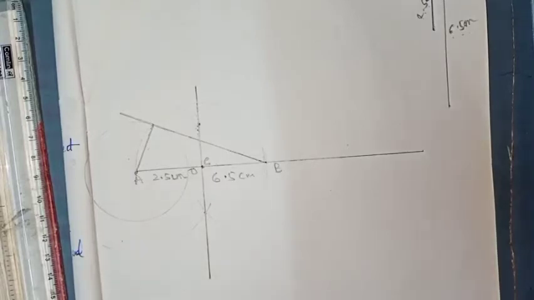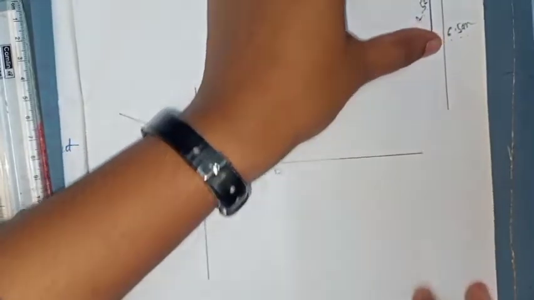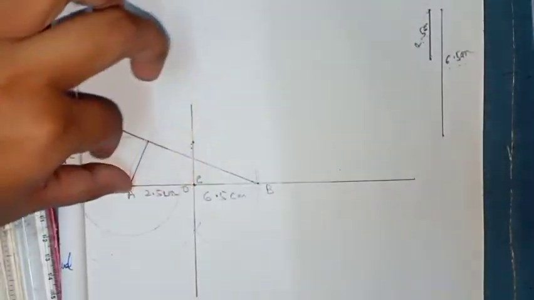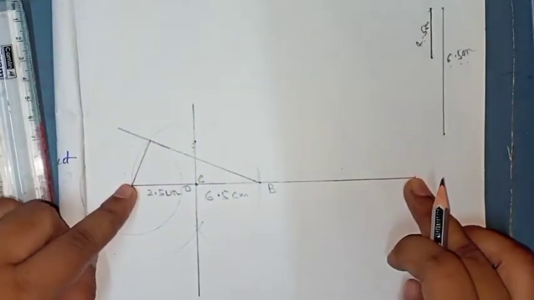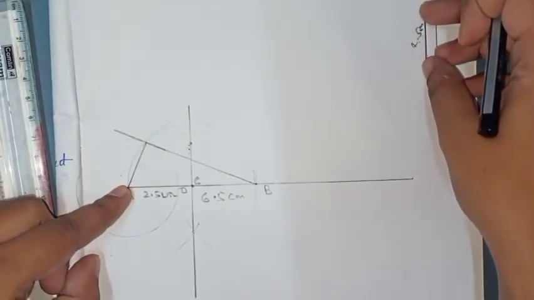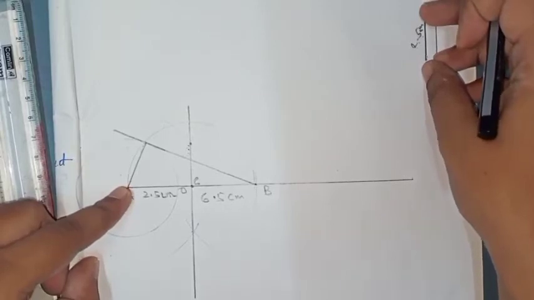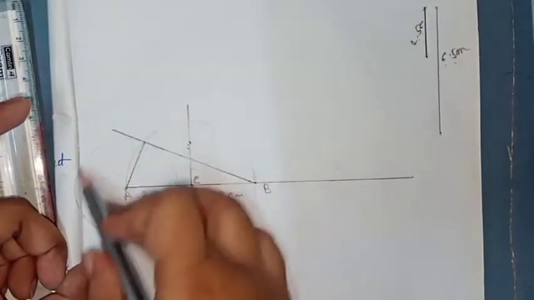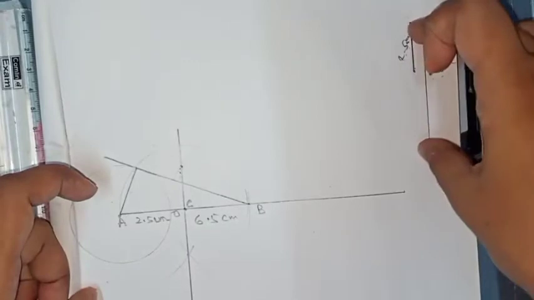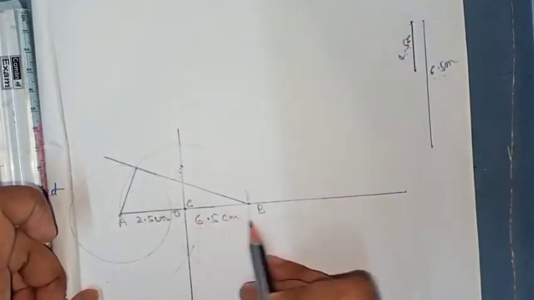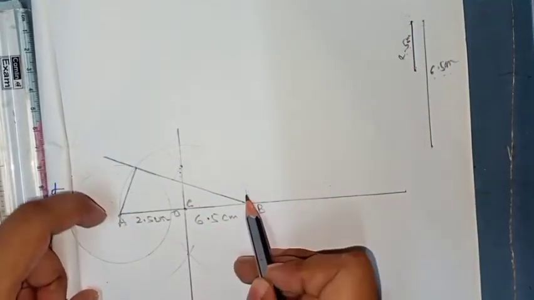Again I am repeating. First I take one straight line, then I take 2.5 centimeter, which is the radius given in the book, and make one circle. After that take 6.5 centimeter, keep it at the same point and make one arc here.